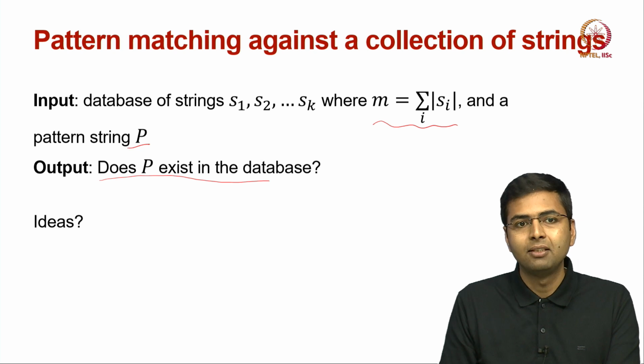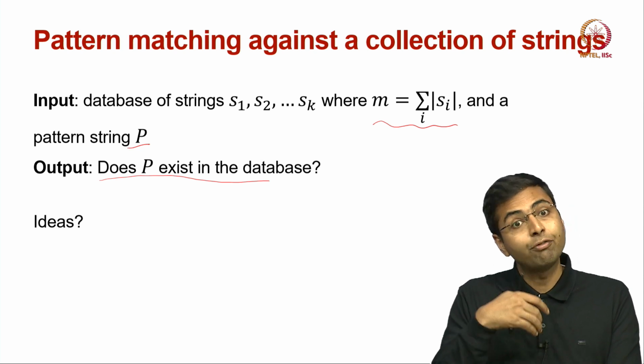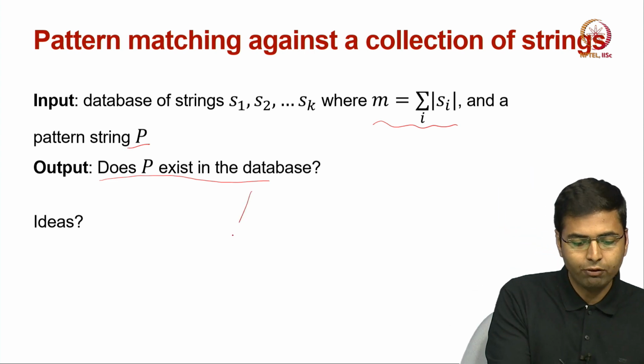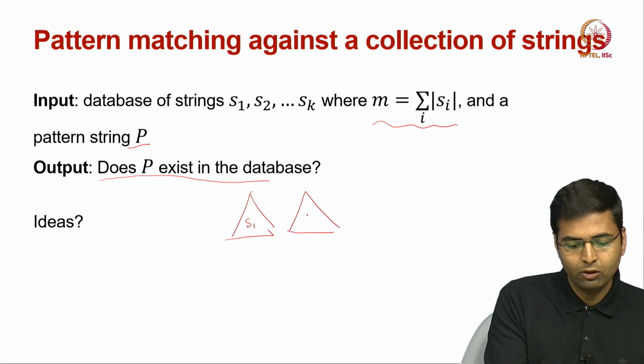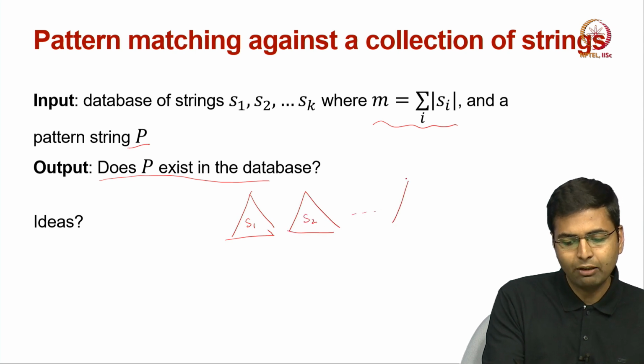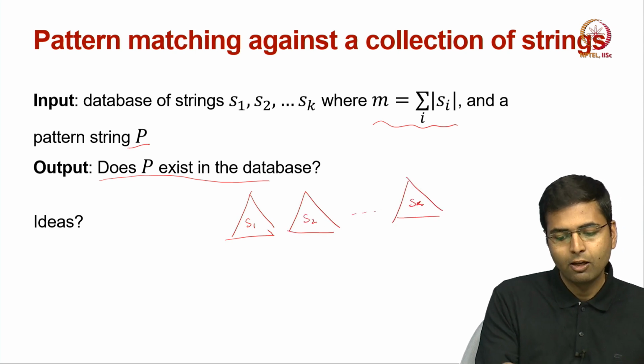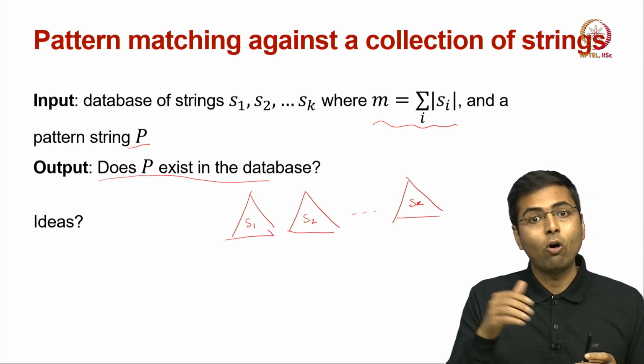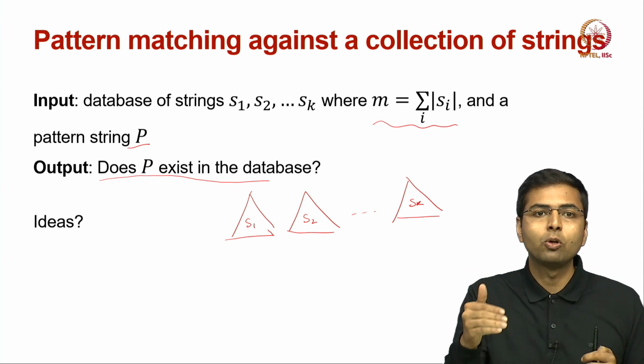How do we solve this? Well, if you think of the original suffix trees way, suppose we individually construct the suffix tree of S1, then the suffix tree of S2, and then the suffix tree of Sk. Then I can look for the pattern's occurrence in all these strings by searching from the root node.